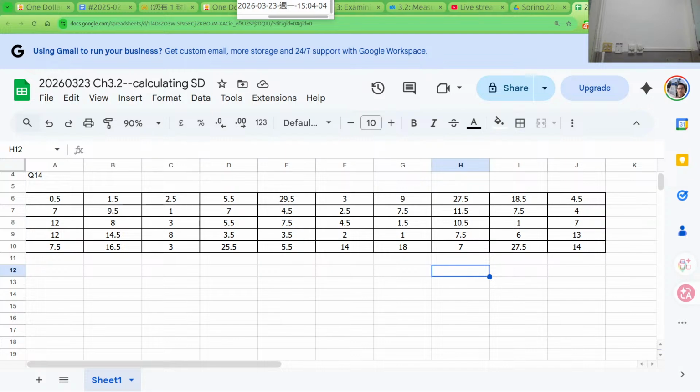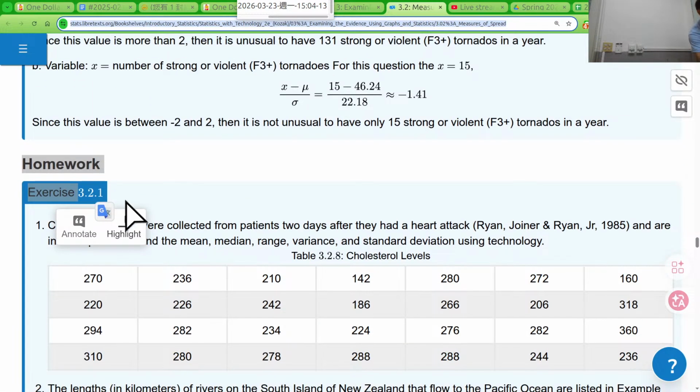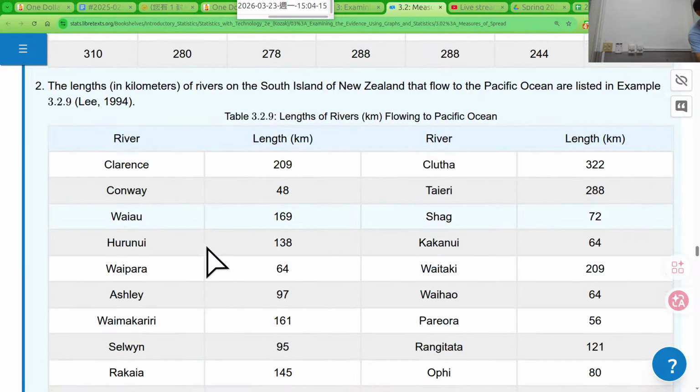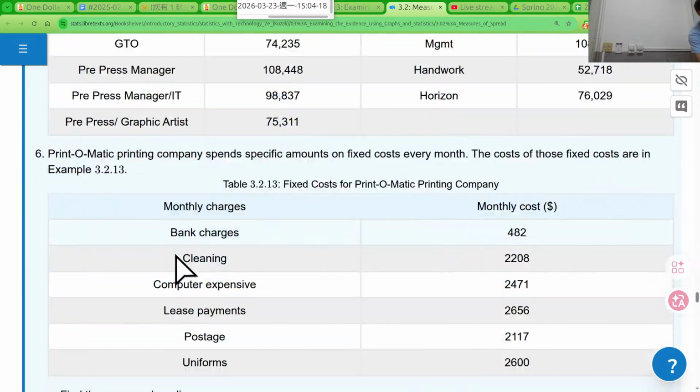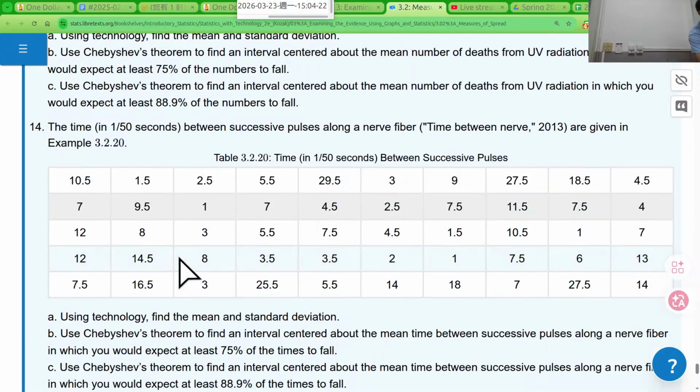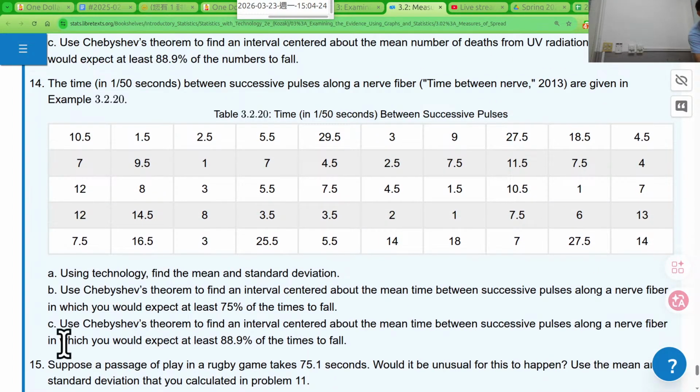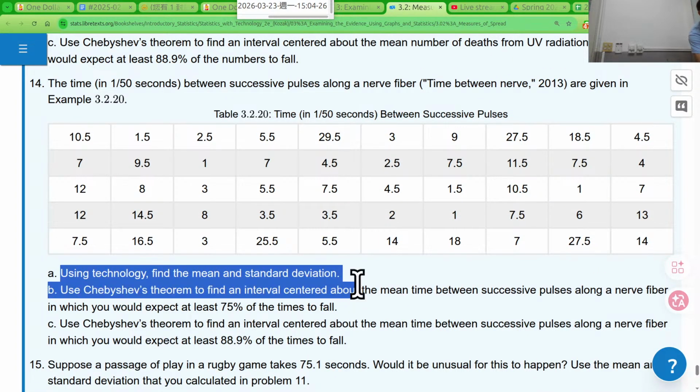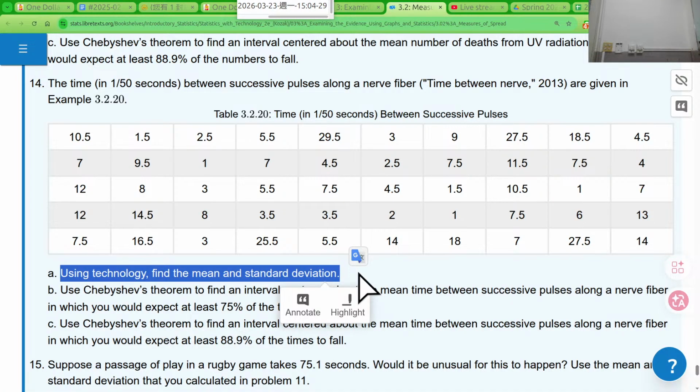Sorry again, I may postpone a little bit of time. Select the information from the homework, scroll down, go to question number 14, select the whole table, then copy it to your Google Drive.